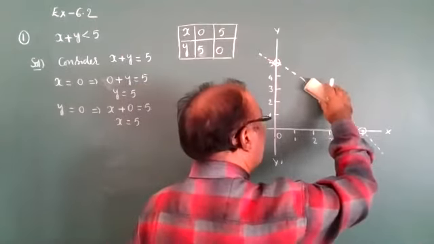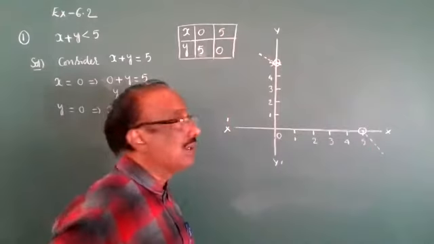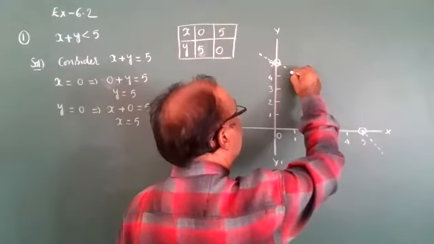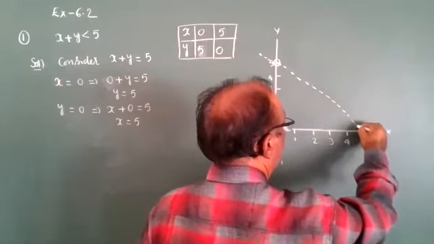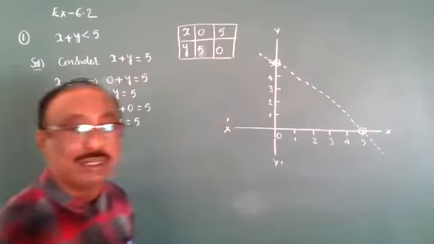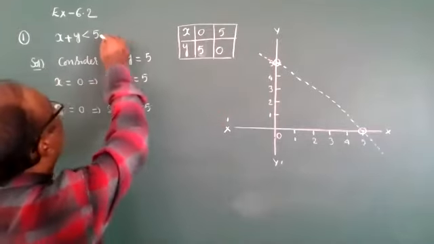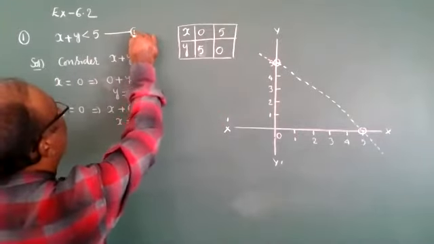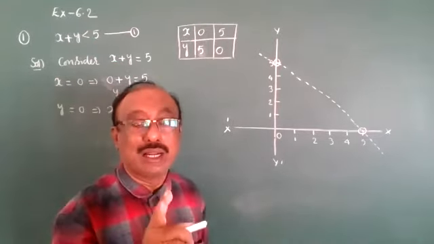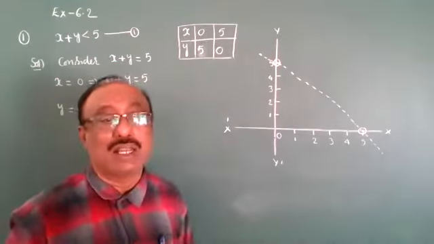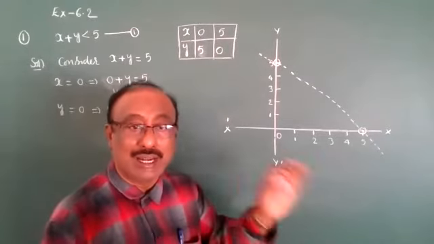Everyone draw the dotted line only because of no equality. The equation here has no equality, that's why draw the dotted line. Equal means you can draw a straight line.